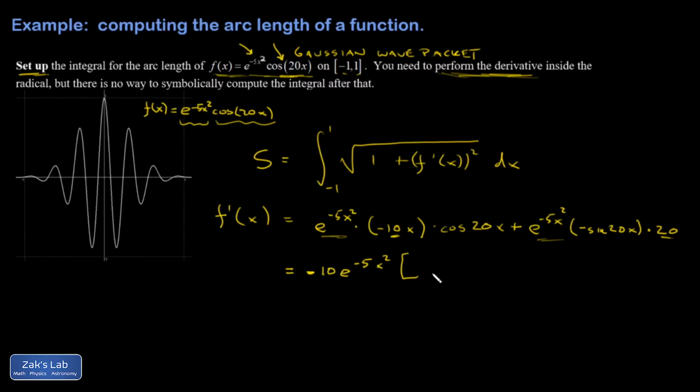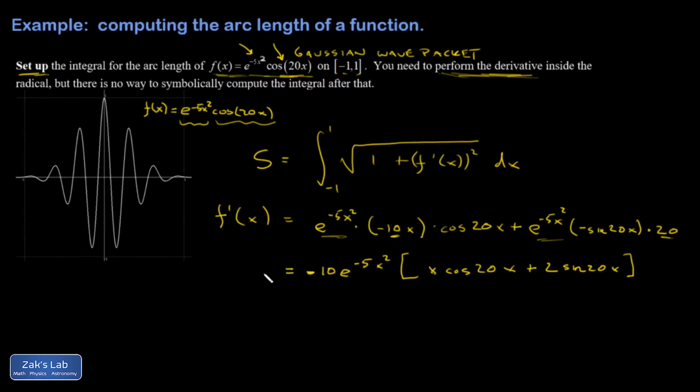And I'm left with x cosine 20x. And in this term, I pulled a 10 out of the 20, so I'm still left with a 2. So I have 2 and sine 20x.